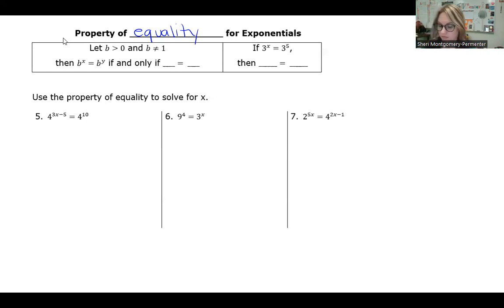Yes, the property of equality. Then X is equal to Y. So the exponents are equal to each other. So we know that if the base is the same, then we can set the exponents equal to each other.